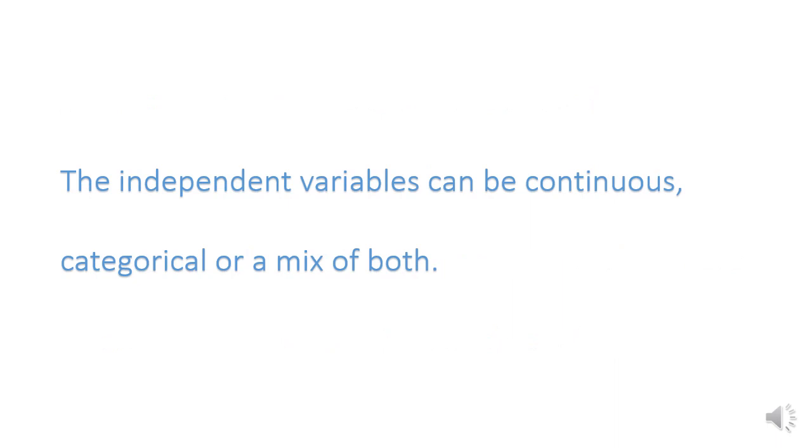Just so you know, the independent variables can be continuous, categorical, or a mix of both. They don't need to be categorical for logistic regression. It's always based on the response variable, that needs to be categorical. So to sum it up, logistic regression is a special kind of linear regression model that can deal with binary responses.